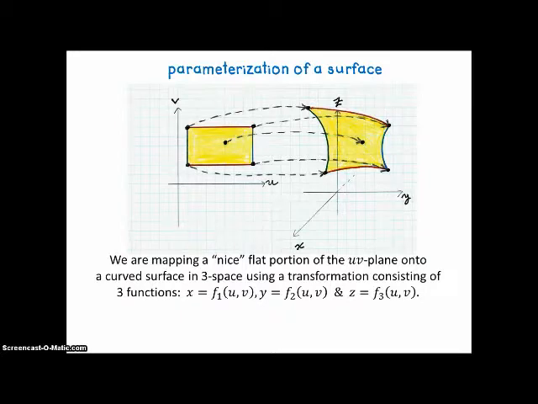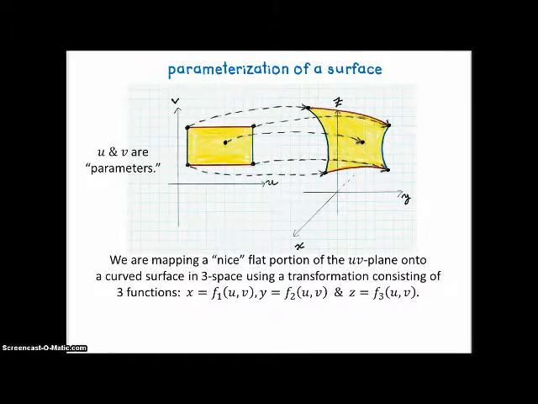Notice that this time they're multivariable functions, functions of two variables, because we're taking a point with coordinates u, v and mapping it onto a point with coordinates x, y, and z using three functions.